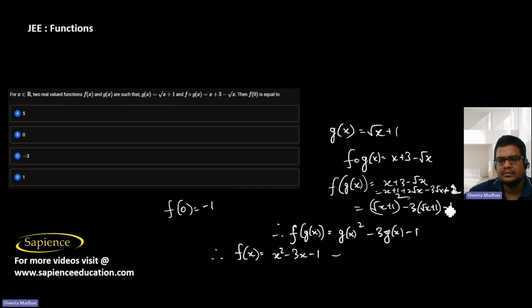So this is minus 3 plus 1 minus 3, so minus 2 plus 5. This will be plus 5. So f of x is x square minus 3x plus 5. So therefore f of 0 will be plus 5. So option A is the correct answer.